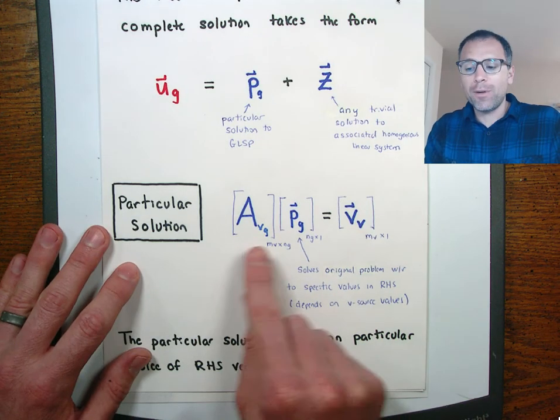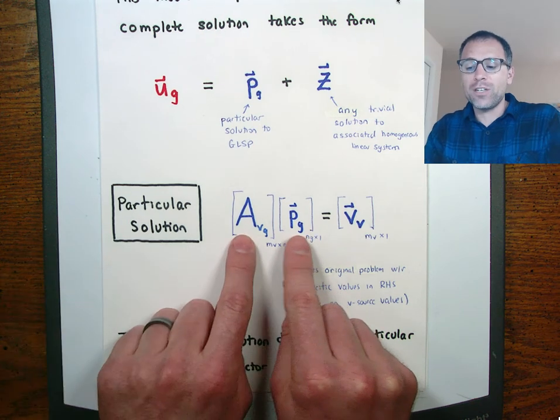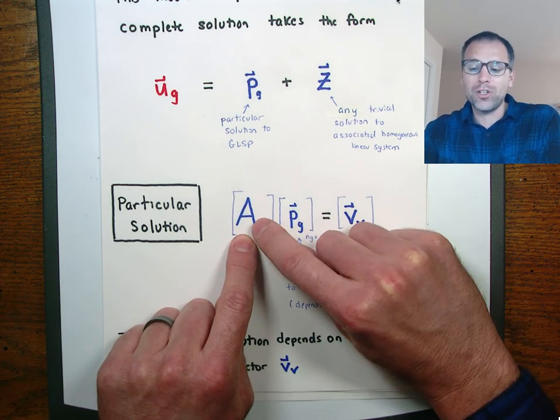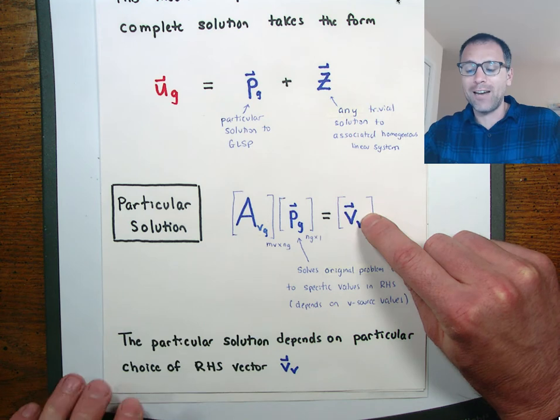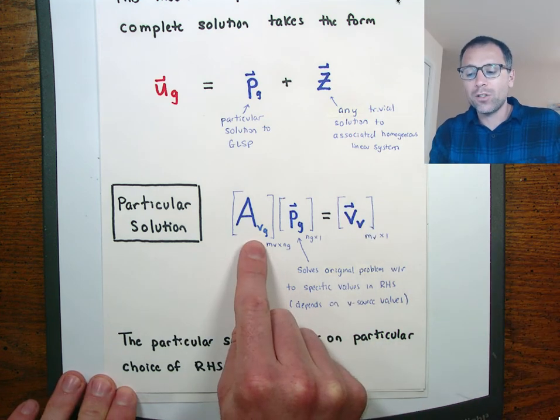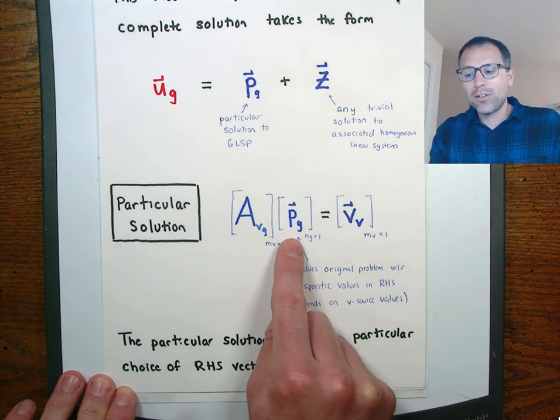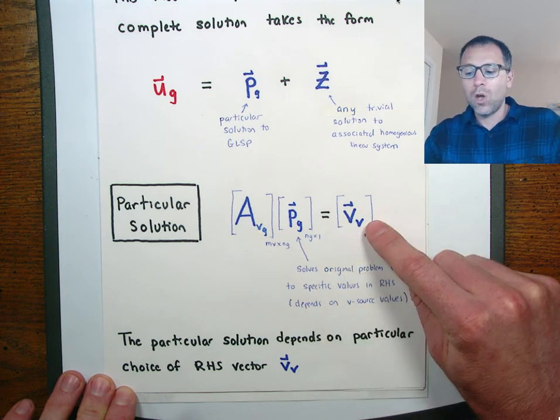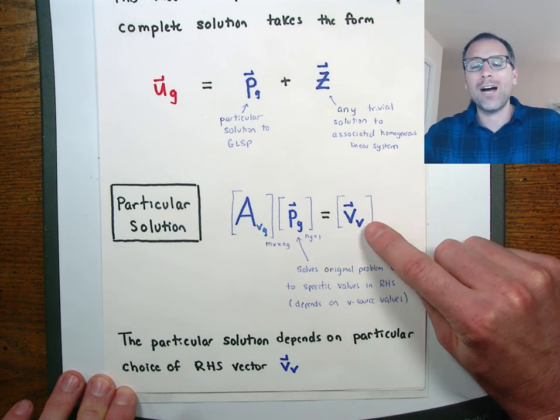Particular solutions come in the form P sub g. In other words, if I multiply the particular solution by the original matrix, I get back the right-hand side vector. The reason we call this a particular solution is because this vector solves the original problem with respect to the actual values of the voltage sources.